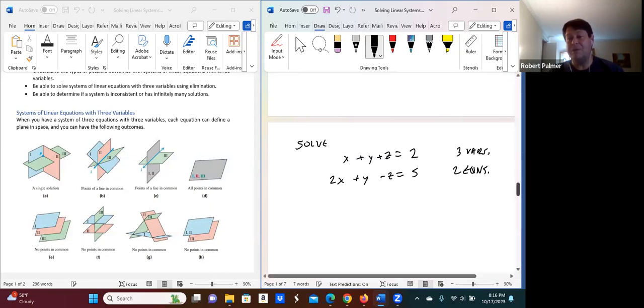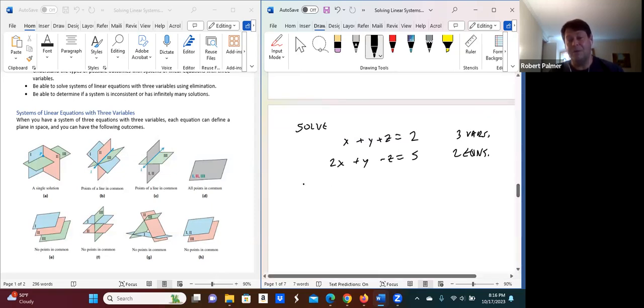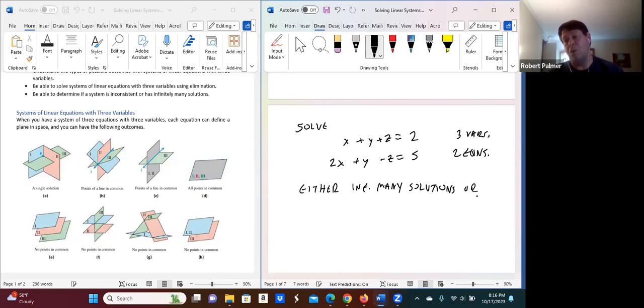So what we expect from this is either we have infinitely many solutions, or no solution. In terms of the graphs, to have a unique solution like we had in the first example, you need three equations intersecting at one point.